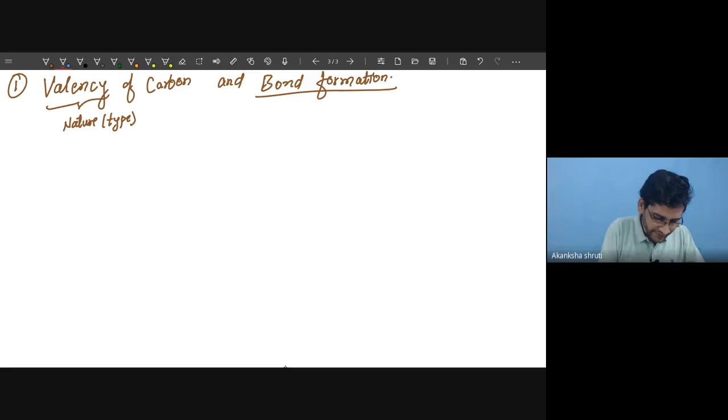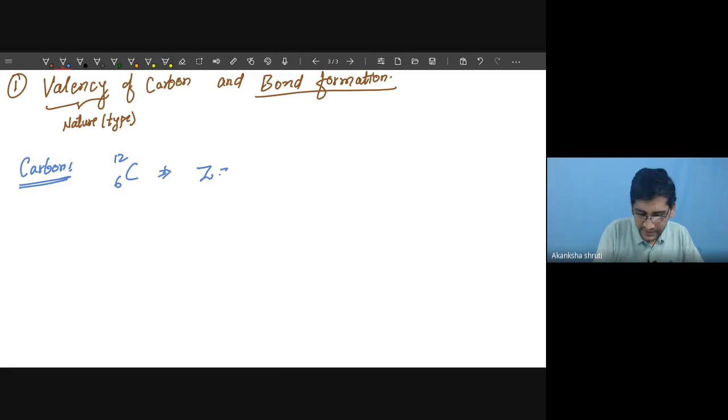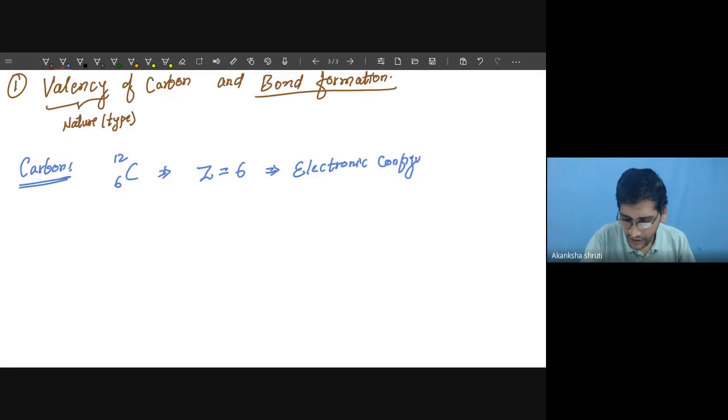If we start with carbon, we know that carbon is C6 and 12. It means its atomic number is 6. What could be the electronic configuration? Because the electronic configuration only gives us the idea about the valency.